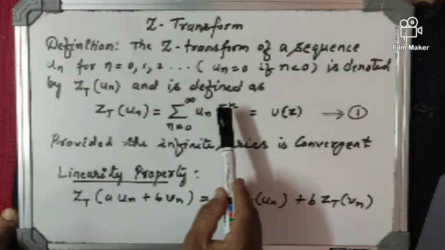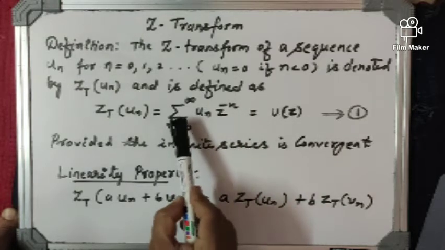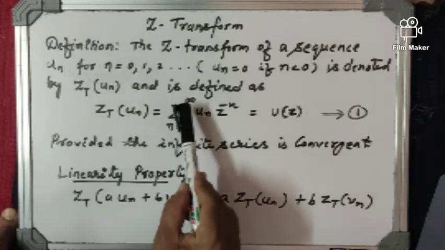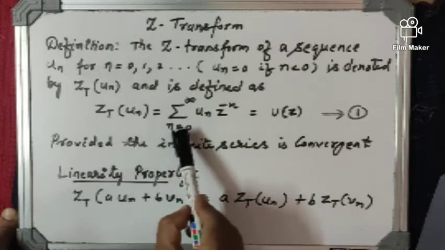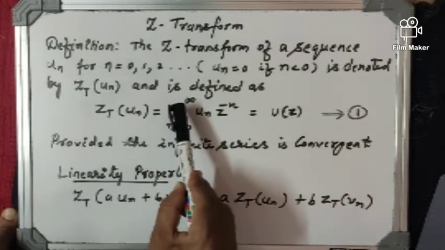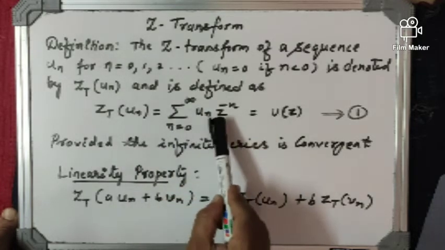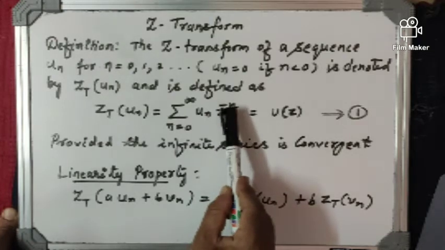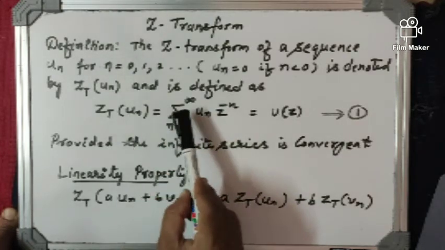Now if you compare with the Laplace transform, in place of sigma notation we have the integration from 0 to infinity, and in place of e power minus st we have z power minus n, and in place of the function we have the sequence un.